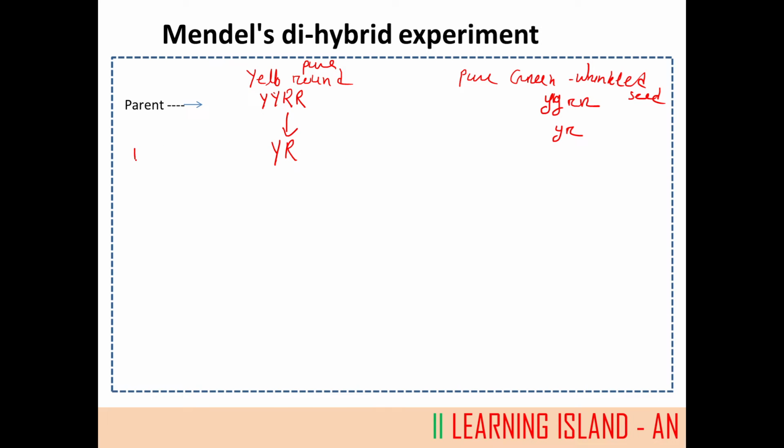So these are called P gametes. So when he made cross pollination among these, he got capital Y, small y, capital R, small r.